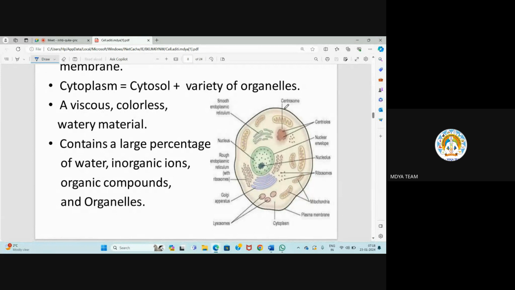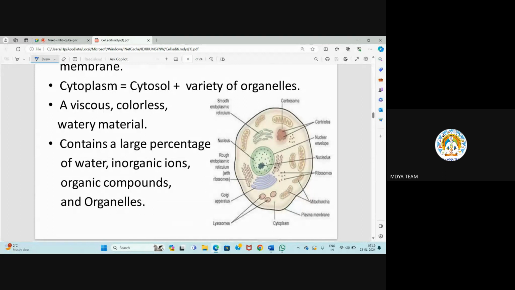But what we are talking about is a membrane-bounded nucleus or membrane-bounded organelles, meaning inside the cell. You can see my pencil on the screen. Here it is the nucleus, and it is mitochondria. This is smooth endoplasmic reticulum.